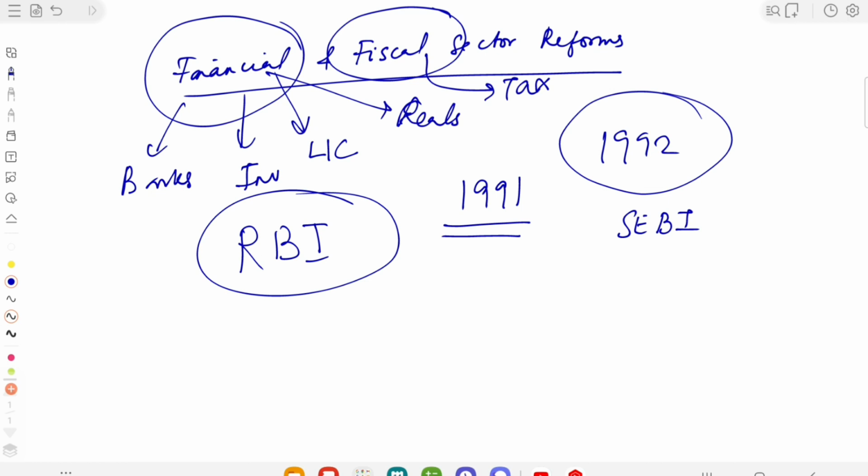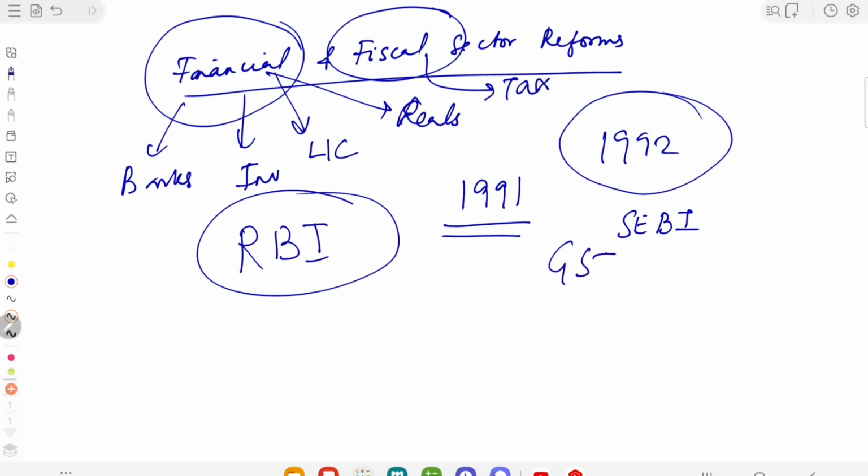Again, the major fiscal reforms started from 1991. Before that also there were some, but the major turning points were from 1991 onwards. The Indian government manages tax and public expenditure and promotes the growth of the economy through these fiscal policies.